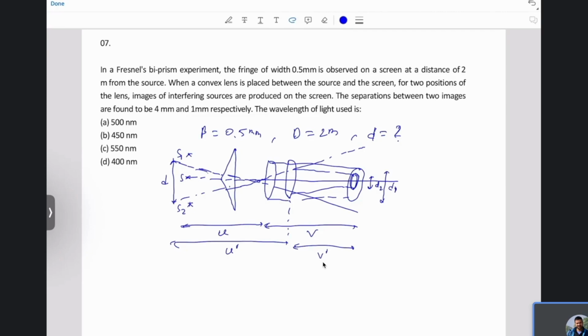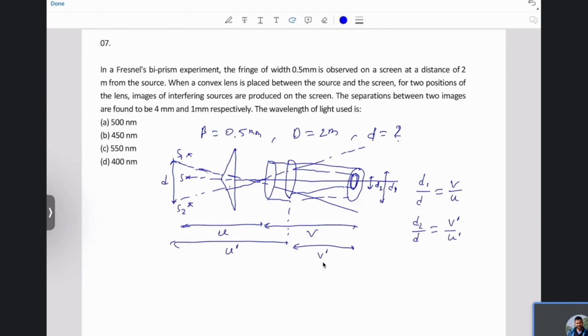Then you can write d1 by d equal to v by u, and d2 by d equal to v prime by u prime.